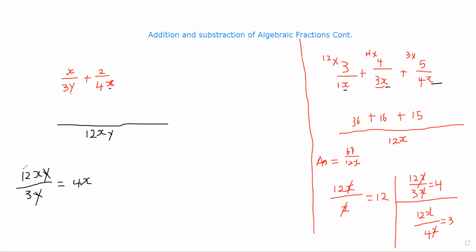Remember, when we divided numbers, the result is at the top. This is the reason why the 4 will be with the x. So we use this 4x and we multiply it by the numerator. So 4x multiplied by x will give me what?